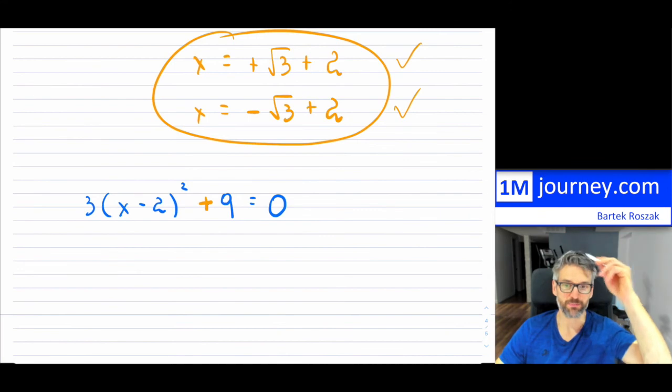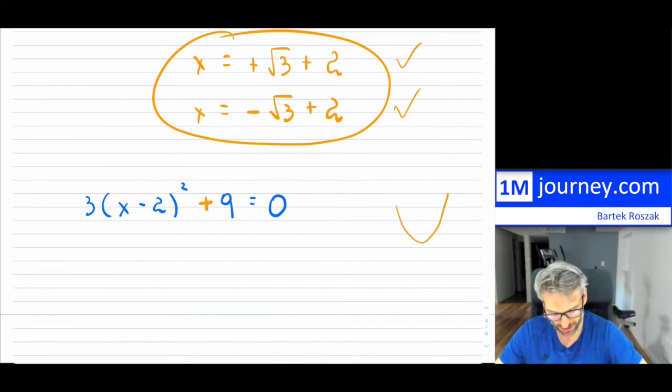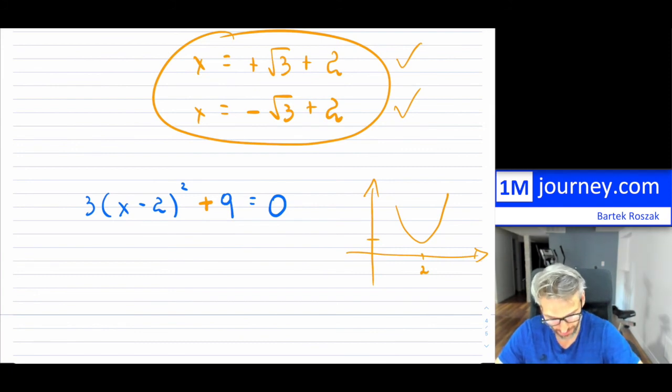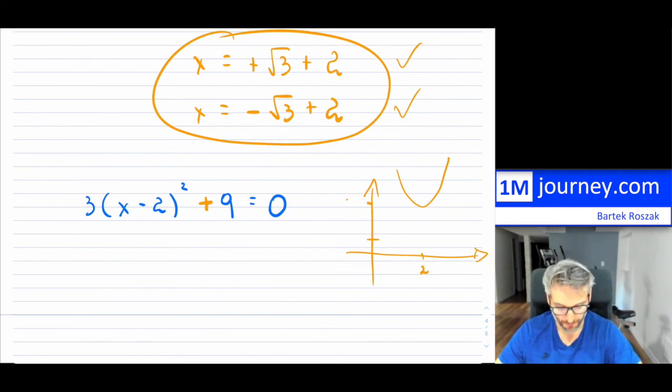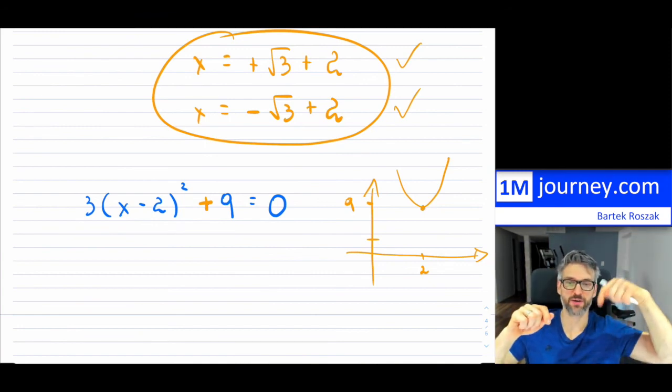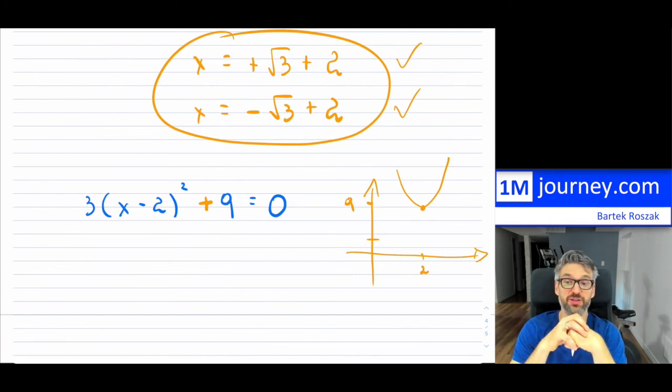It's shifted upwards. But now, this parabola would never actually cross through the 0. That means there isn't actually a solution that we can find.